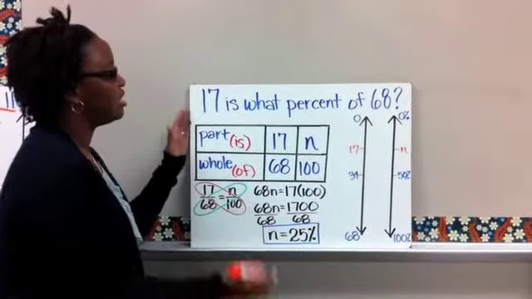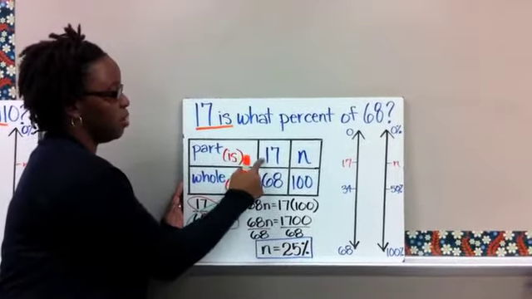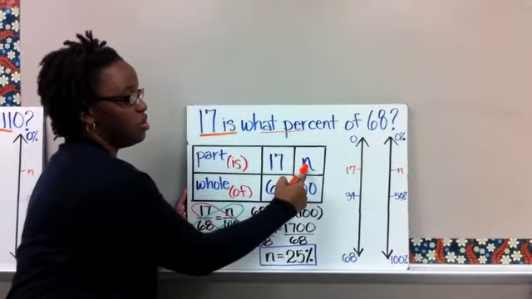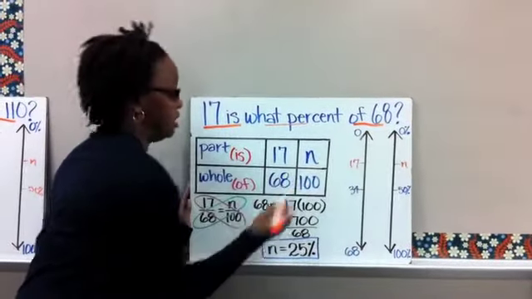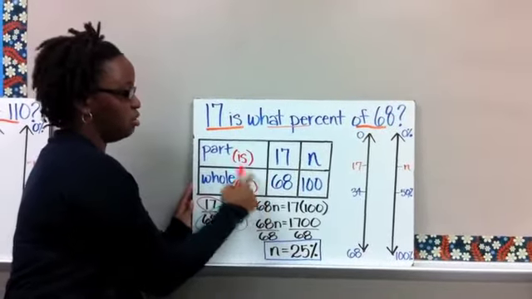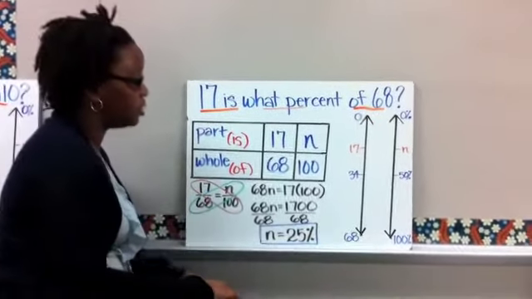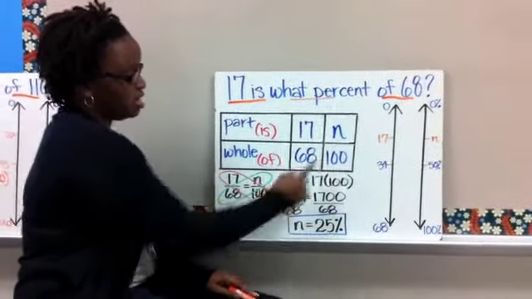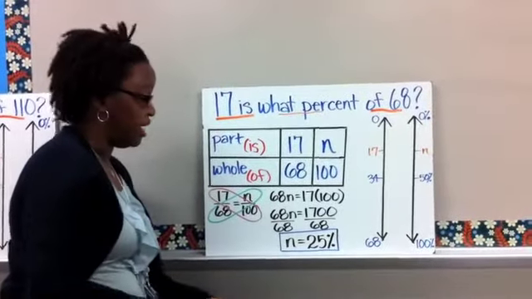Alright, so our second example, 17 is, so my 17 is the part, is over of. What percent, meaning I don't know the percent, I'm going to place my variable there, of 68. So 68 is our whole, is over of. From here, I can go ahead and set up my proportion. I've got 17 over 68 is equal to n over 100, and I'm going to cross multiply and divide.